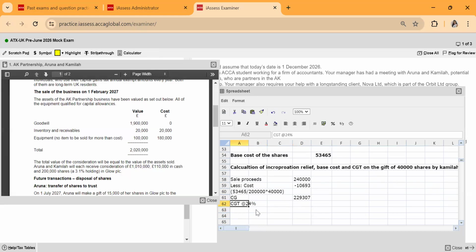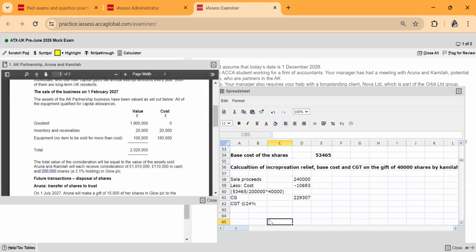Clear? Okay. Now, can you check whether any BADR is applicable here? There are 200,000 shares, look here. Okay, no issues, so it is 200,000 only.